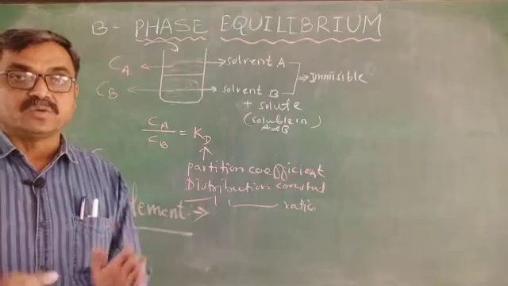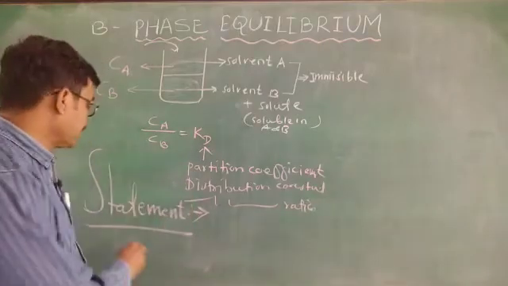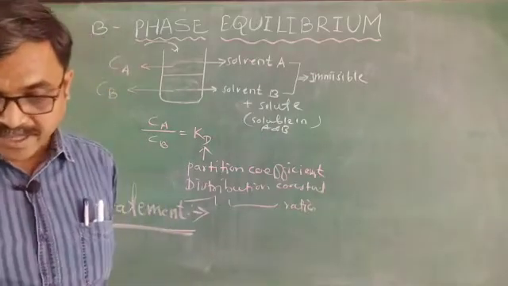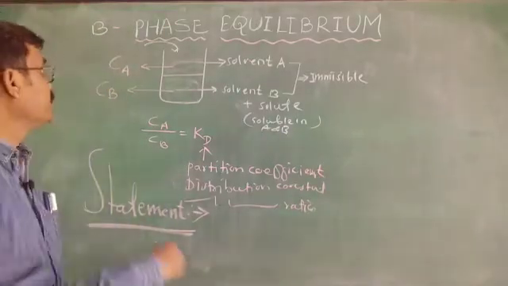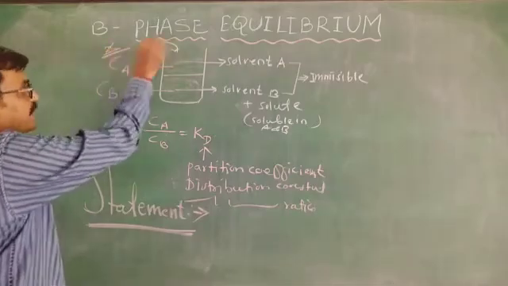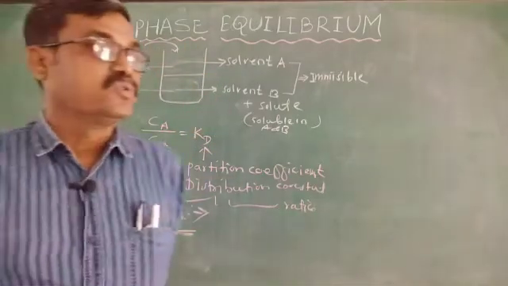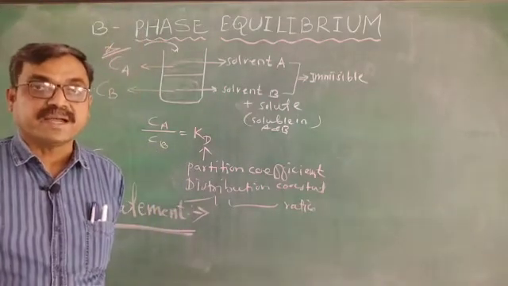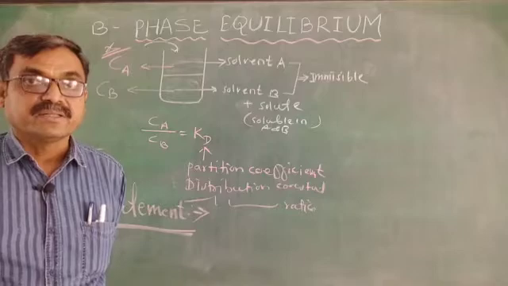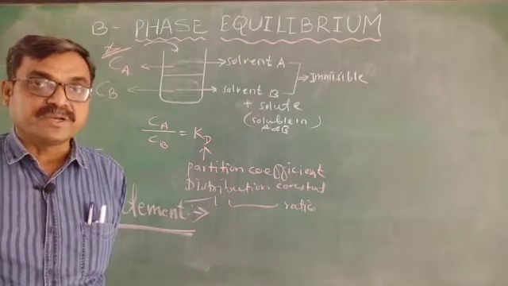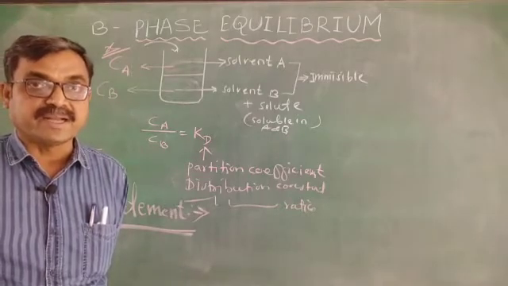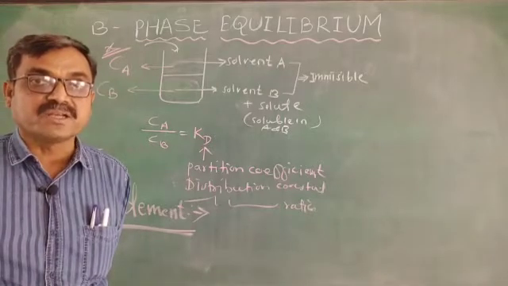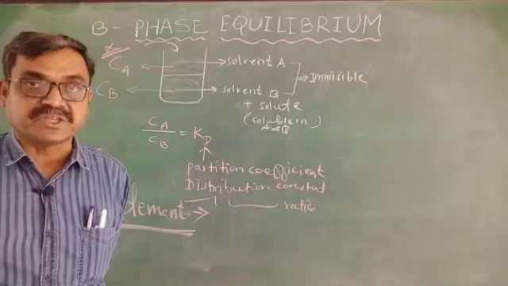Keep in mind, what does Nernst distribution law state? According to the statement, let us assume this solute X is added in two immiscible solvents at constant temperature, then it distributes into both solvents at that constant temperature, but that dissolution is in the same molecular state.